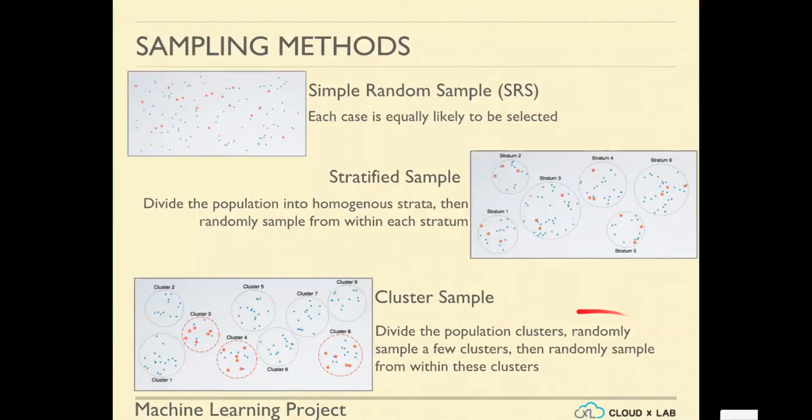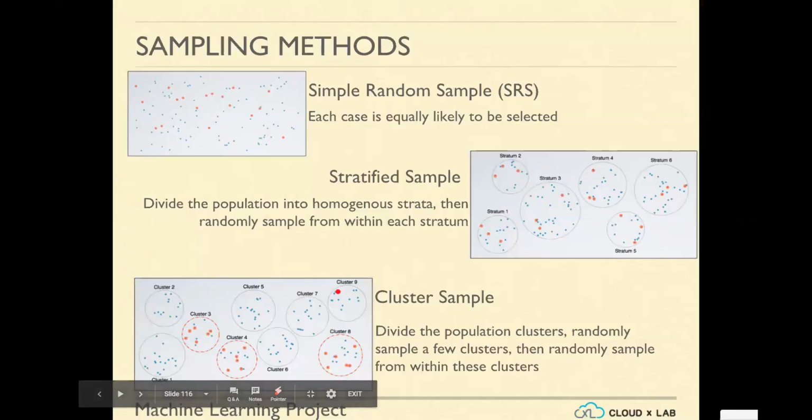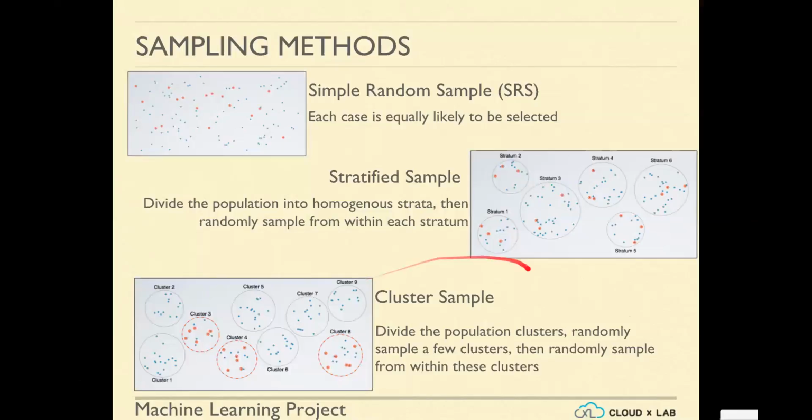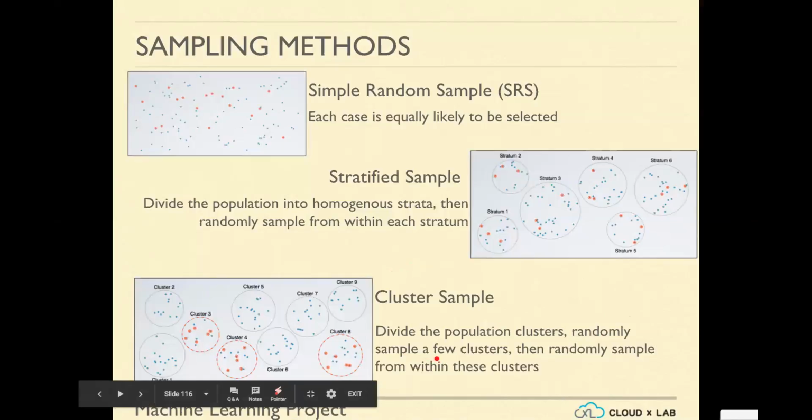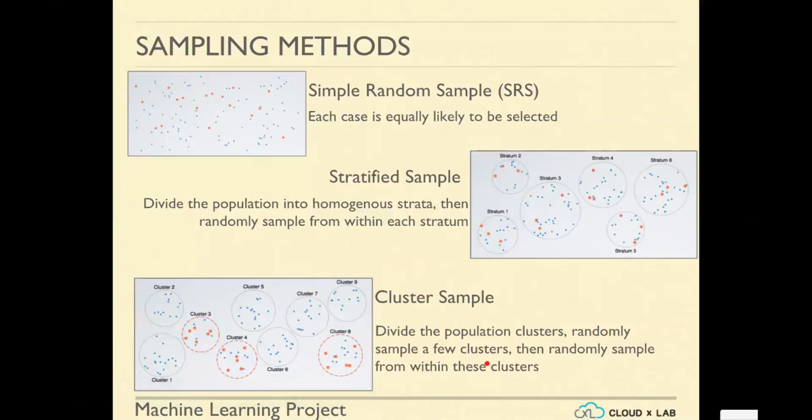Basically, we divide the data into particular clusters, and we randomly sample a few clusters, and then randomly sample from within these clusters. When I say randomly sample a few clusters, I mean randomly pick a few clusters. Sampling means picking something out of a bigger data set.